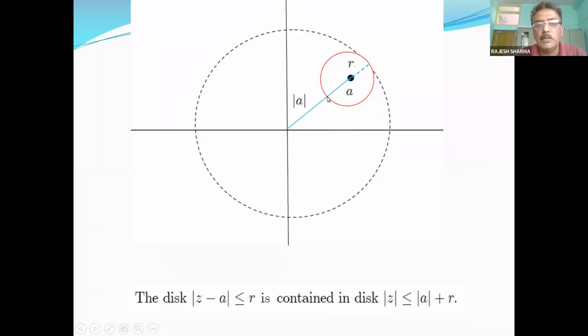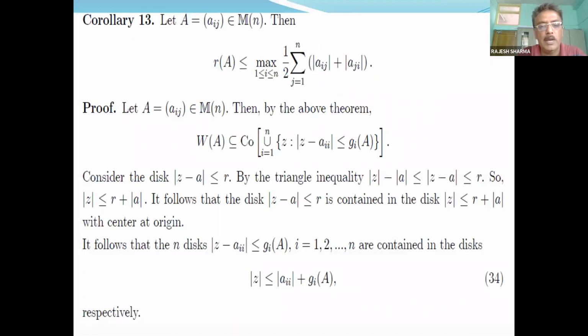We also note this is the disk centered at a and radius r. So this is at a distance |a|. So if we take the radius to be r plus |a|, then this disk is contained in this outside disk with center origin and radius r plus |a|. So it is clear that these n disks are contained in these n disks centered at the origin. So on the right hand side, we can take their maximum.